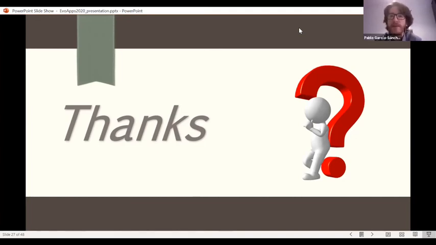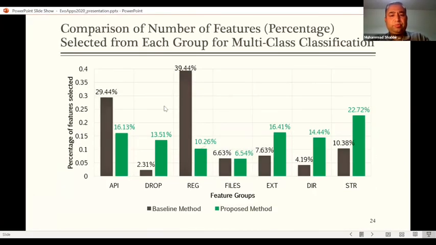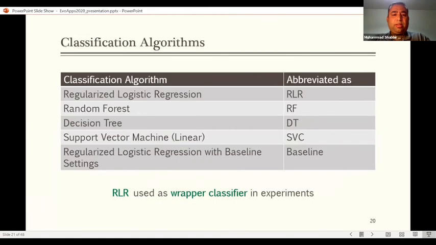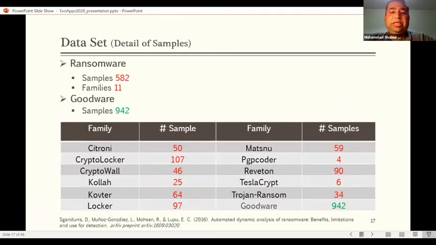Okay, Hossam is asking, is your dataset balanced? What is the distribution of the instances over the classes? I mean, the malware to benign ratio. Okay, so I will move once again to the dataset. Here is the detail, and we can see the number of samples.